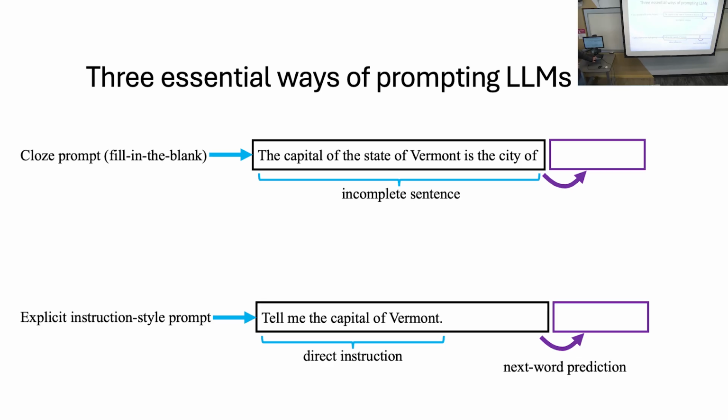If I just said, the capital of the state of Vermont is, that'd be nice, right? It's a simpler cloze prompt. But what comes next? Is it Montpelier? No. None of the language models will say Montpelier. Given the capital of the state of Vermont is, it'll say, hey, it's a gorgeous city.